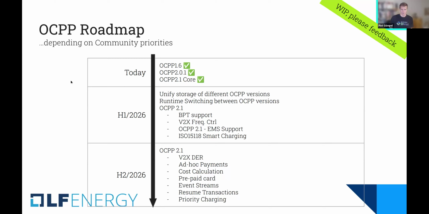And the plan for the first half of 2026 is to unify the storage of the different OCPP versions. That is currently something that is separated between the protocol versions. We want to combine it. And that will also allow easier switching between the different OCPP versions, also at runtime.